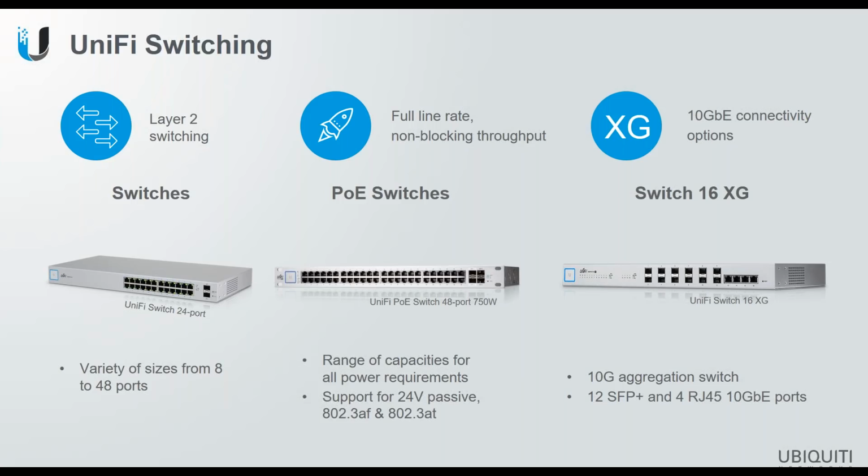So we've got switches, we've got PoE switches, and we've also got the XG16 aggregation switch, which has 12 10 gig SFPs, and then 4 copper 10 gig ports as well. And we'll have a look at how you might deploy this stuff in the last couple of slides with a few examples.